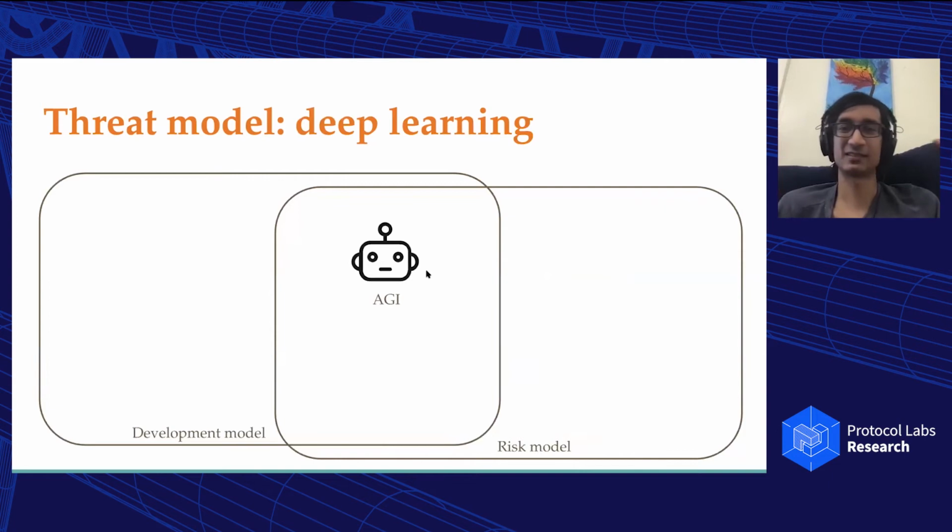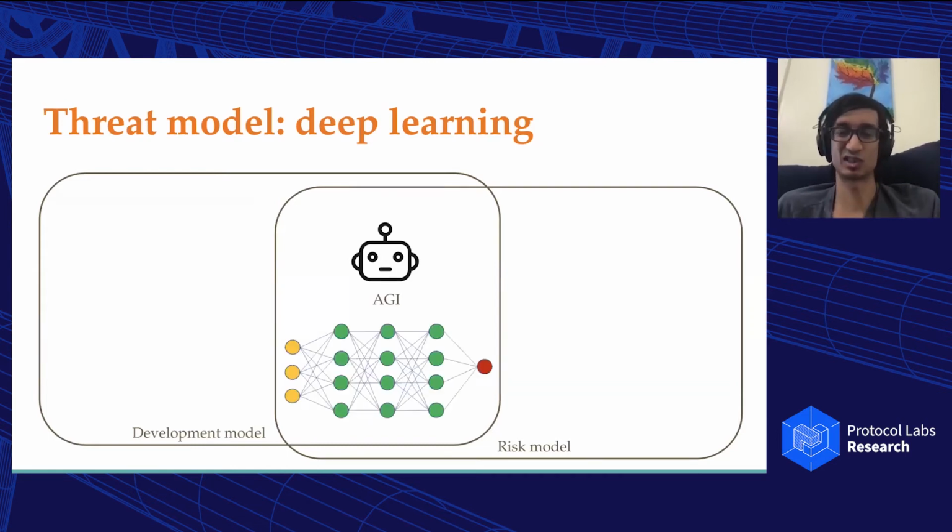There is a deep learning threat model, which you might have expected given that I work at DeepMind. So in this case, your AGI is implemented as just a neural net, and the neural net itself is the thing that is the AGI. It's not the process of gradient descent or anything like that.